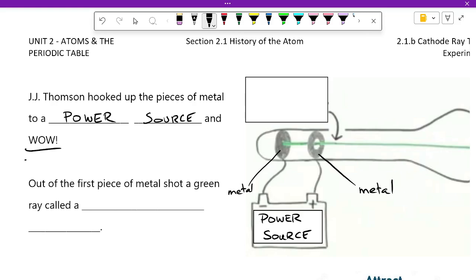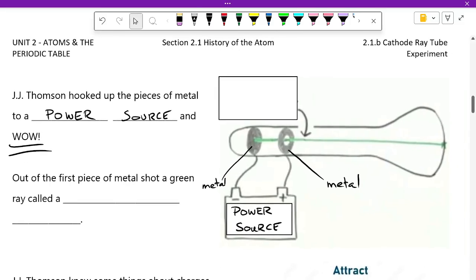And wow, what did he see? Literally, he saw a glowing green ray.